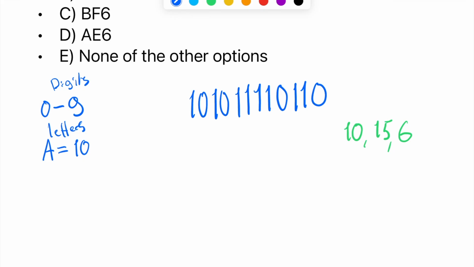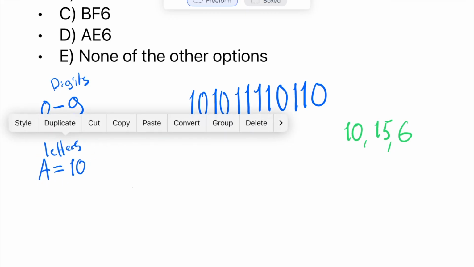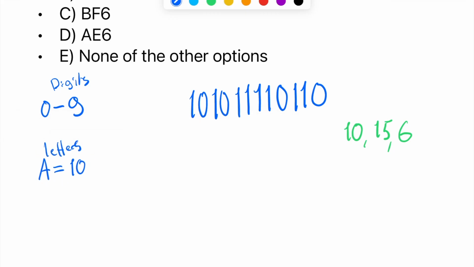If I have an exam where I have to convert binary to hexadecimal, or any other base to hexadecimal, I always like to write out the letters, because sometimes you're in a crunch on an exam and you might forget because you're stressed out.